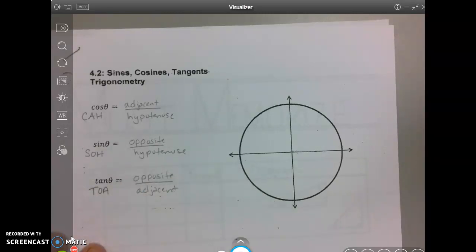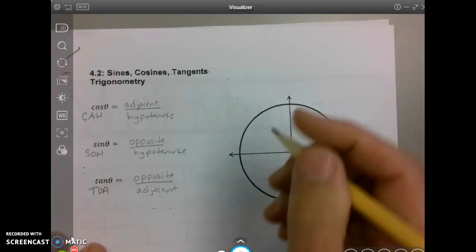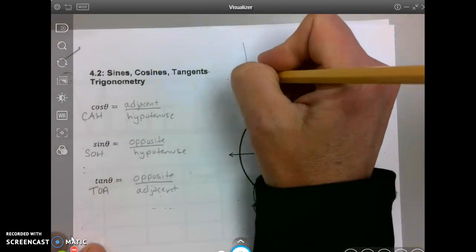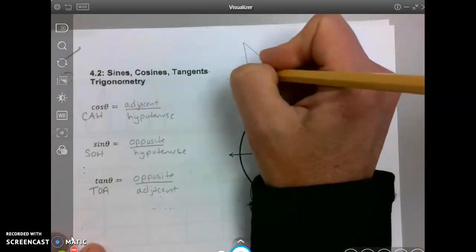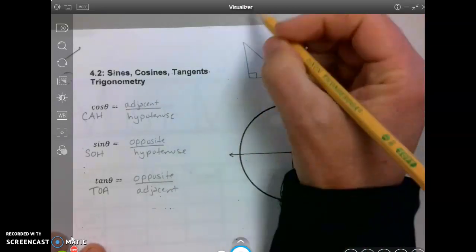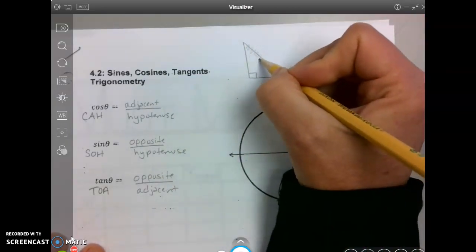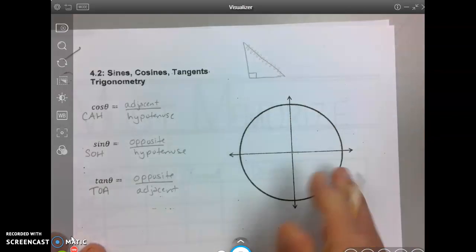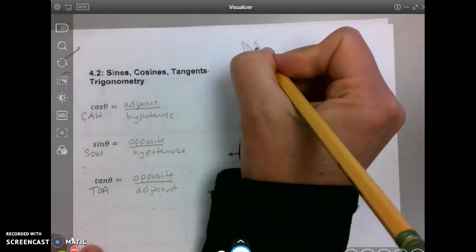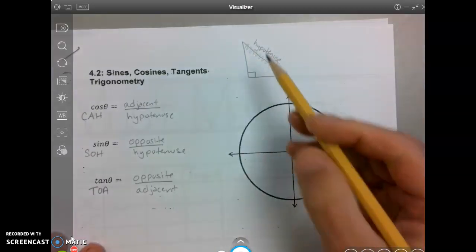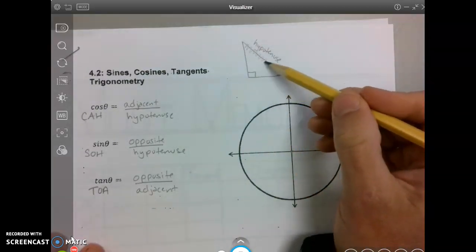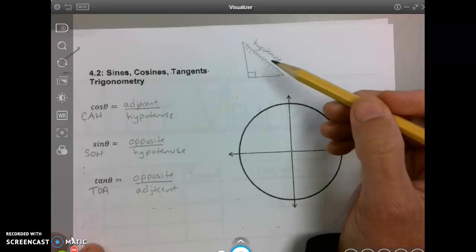And of course, when we're talking about adjacent, opposite, and hypotenuse, we are talking about the sides in a right triangle. So the hypotenuse, and I would always tell my students to put a squiggly line or highlight the hypotenuse, is always across from the right angle.